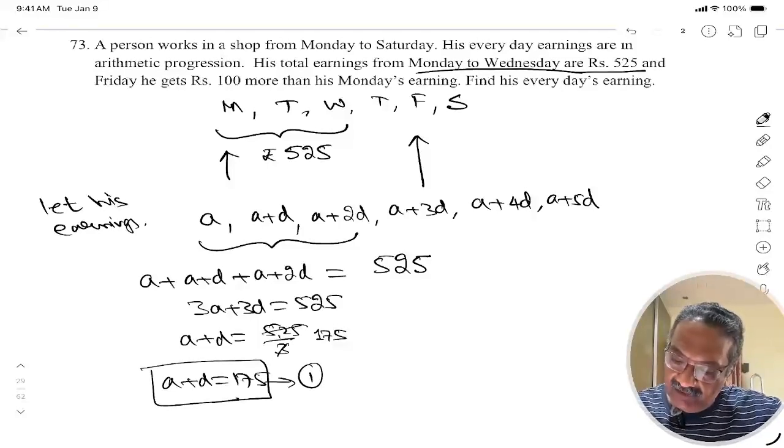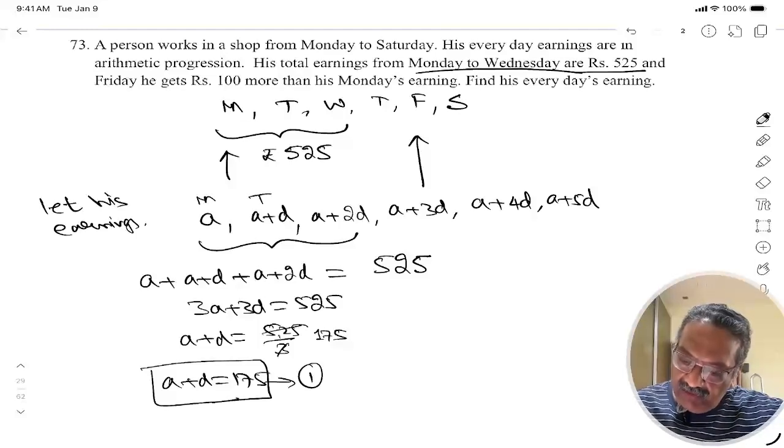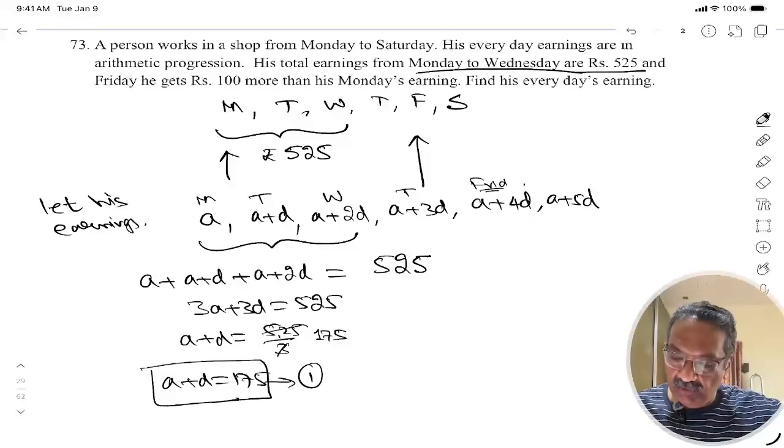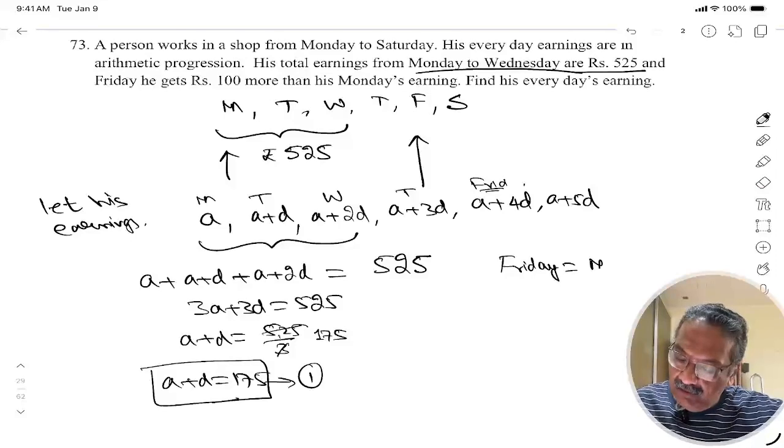What is the other information we have got? Friday's earning. So this is Monday, Tuesday, Wednesday, Thursday, Friday. Friday he gets 100 rupees more than Monday. So Friday earning is equal to Monday earning plus 100 rupees. That is, what is this Friday earning?